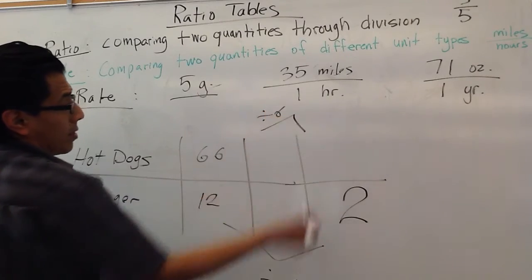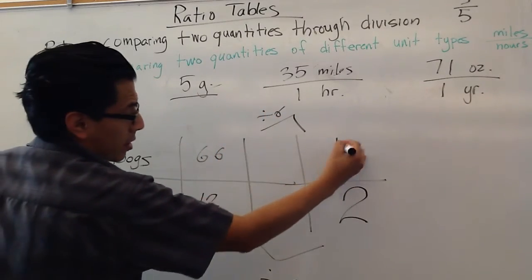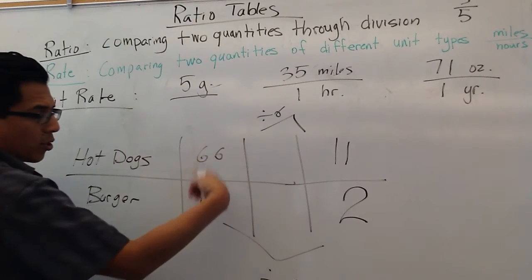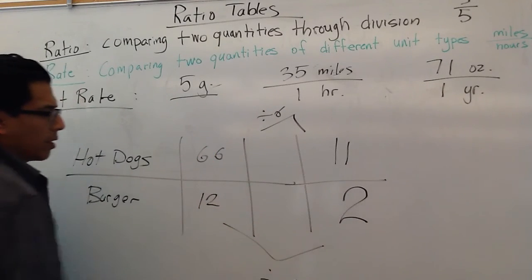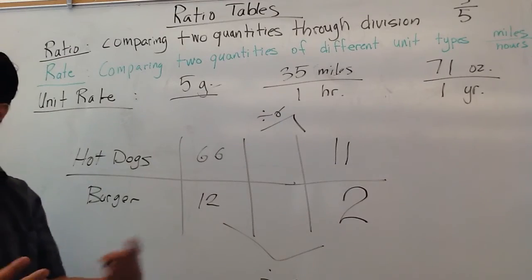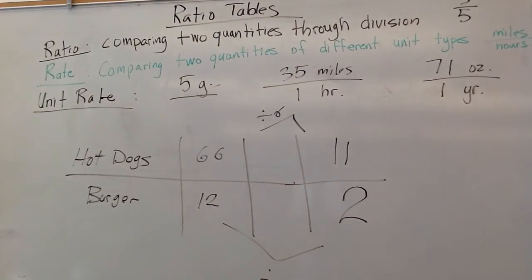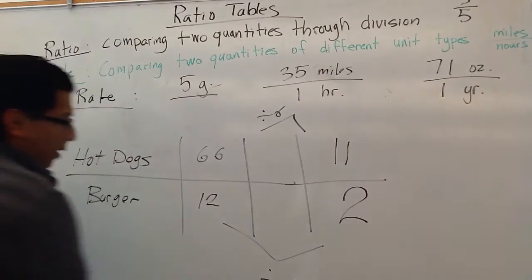And so I would divide by 6. 66 divided by 6 is 11. So if there's 2 burgers and the ratio holds true, then there will have to be 11 hot dogs. You see what I'm doing? I'm basically using a big 1 of division or multiplication to scale up or down my ratio.